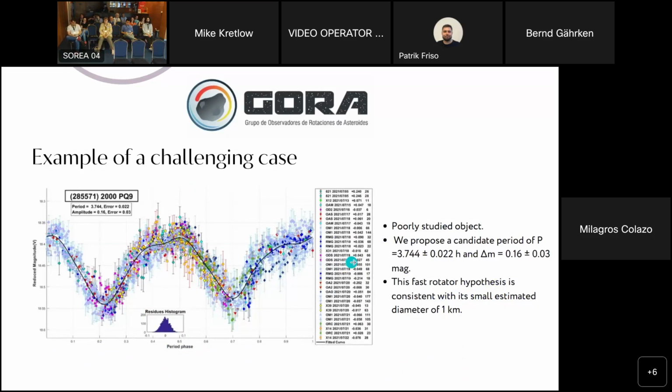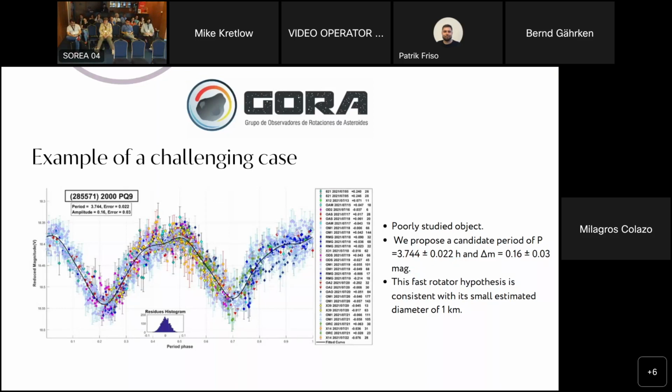We couldn't find at the time any period published in literature. So we proposed a candidate period of 3.74 hours. And this fast rotator hypothesis is consistent with its small estimated diameter of 1 kilometer.